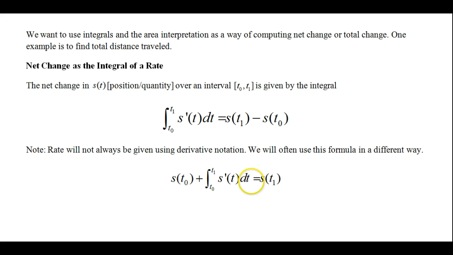That's a really good way to think about it. So s of t0 being my initial position, plus my change in position, is going to get me to the final position. It's a really great way to think about this rearrangement. And oftentimes we're asked to solve problems using this rearrangement instead of the original equation.